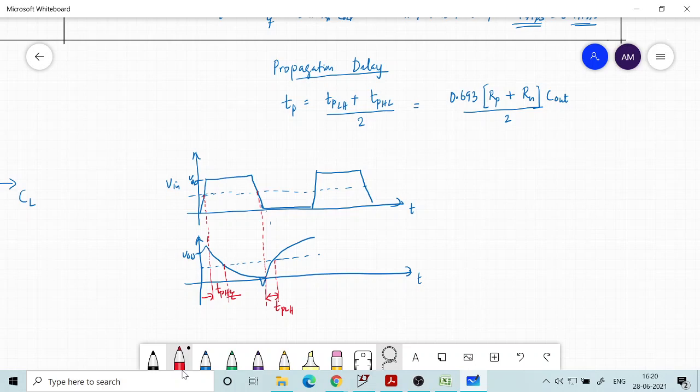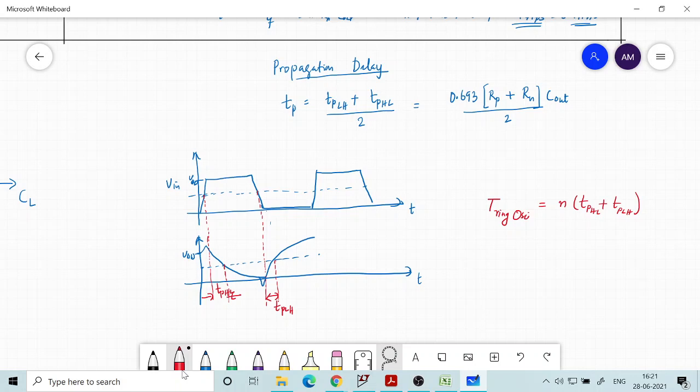In other words, for the ring oscillator, the period capital T is, for an n stage oscillator, n into (T_PHL plus T_PLH). For 3 stages, first find T_PLH and T_PHL, add them, and multiply with 3. You have to verify this.